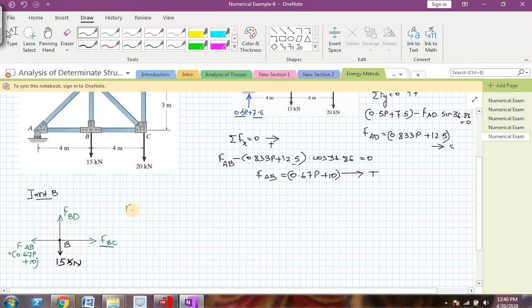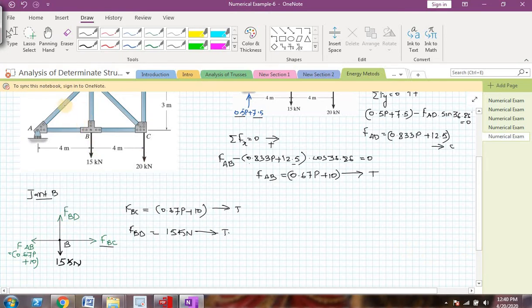Even you can apply the equilibrium equations of summation of Fx equal to 0 and Fy equal to 0, and you can verify these things. So FBC is 0.67P plus 10 and it is tension. FBD is equal to 15 kilonewtons, and that too it is under tension.